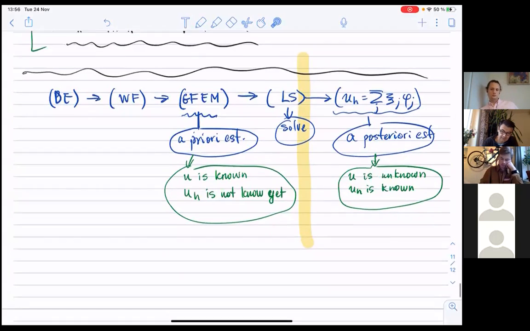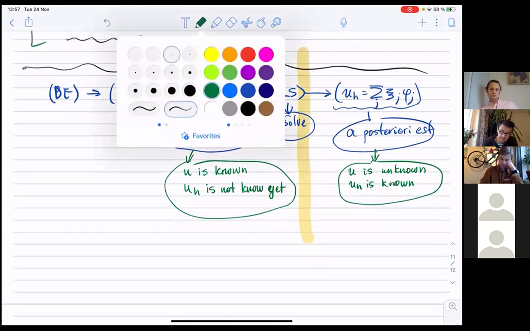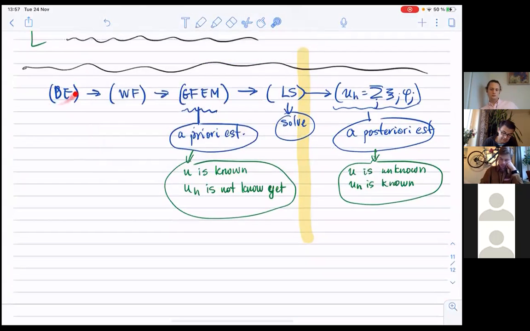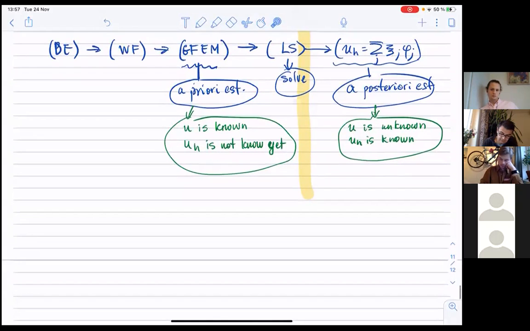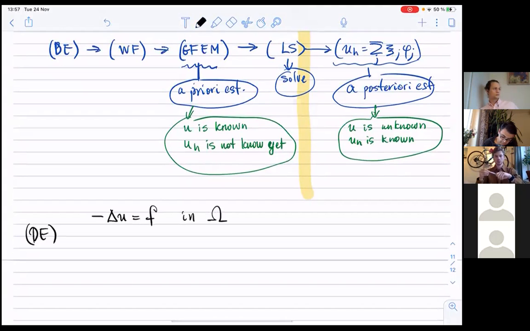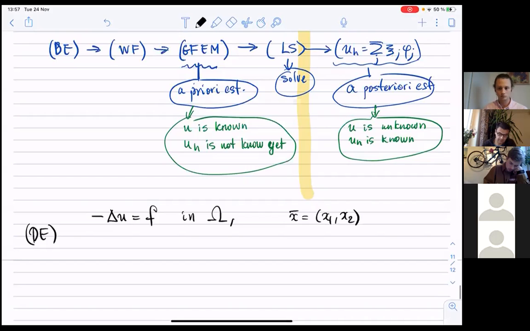All right, so we start with the same idea. We start with some differential equation, we define it. The model problem that we consider here is a 2D Poisson equation. Of course, x depends on x1, x2, it has two coordinates.